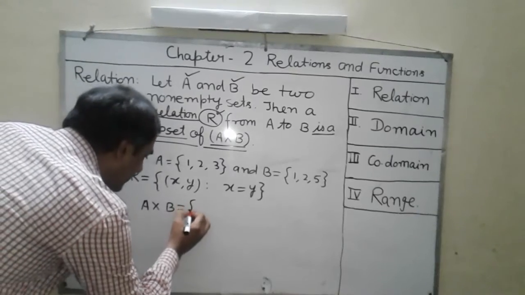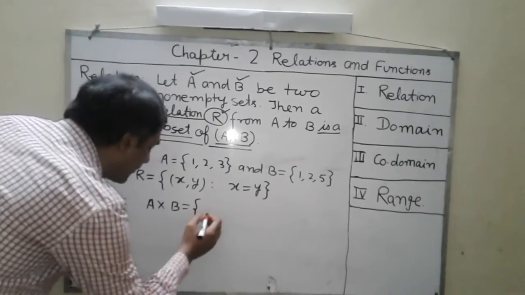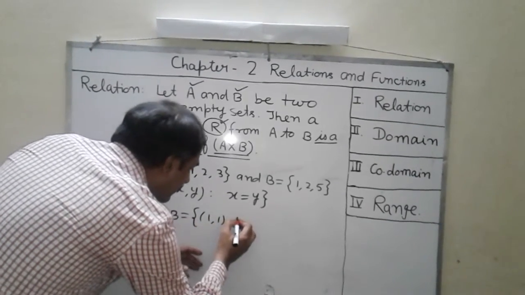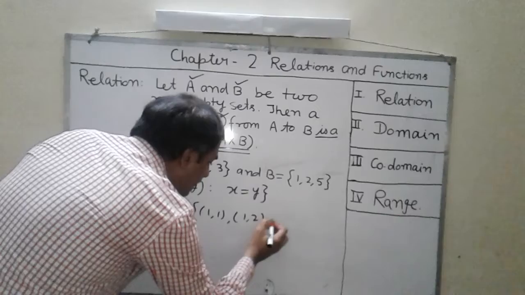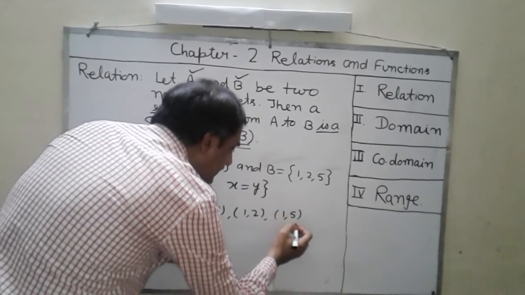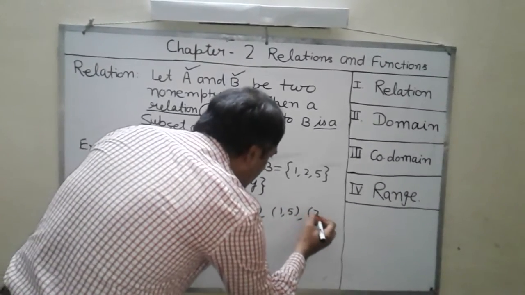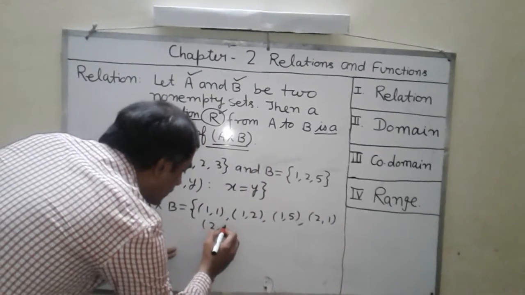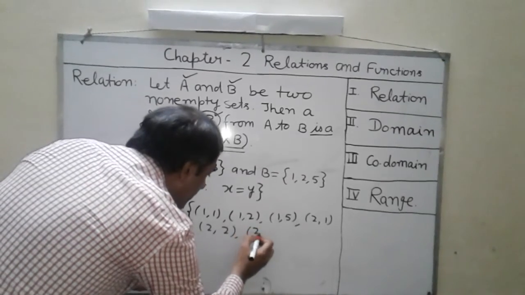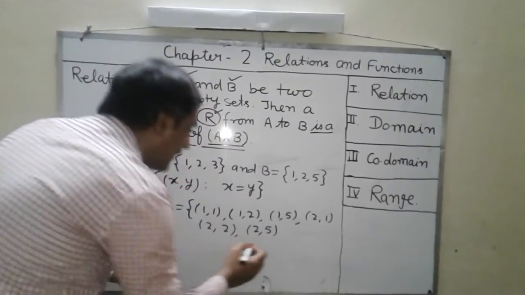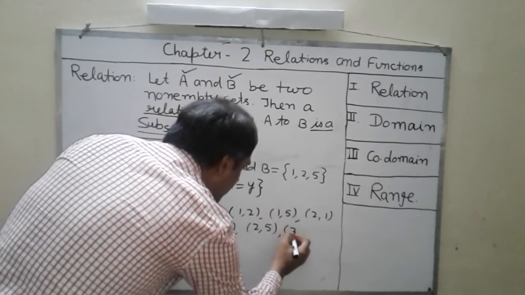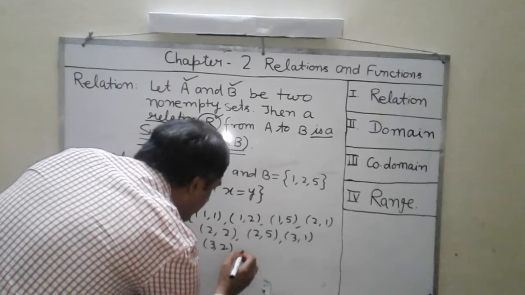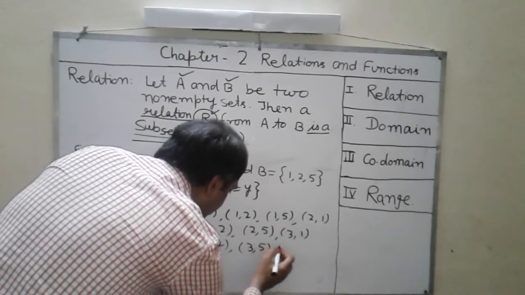So the Cartesian product from A to B is (1, 1), (1, 2), (1, 5), (2, 1), (2, 2), (2, 5), (3, 1), (3, 2), (3, 5).